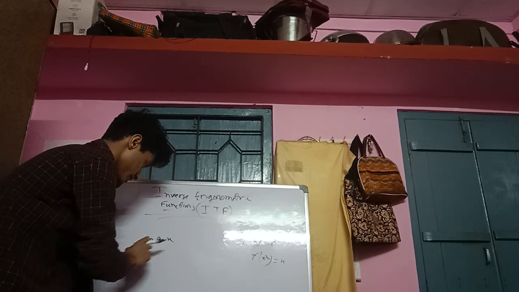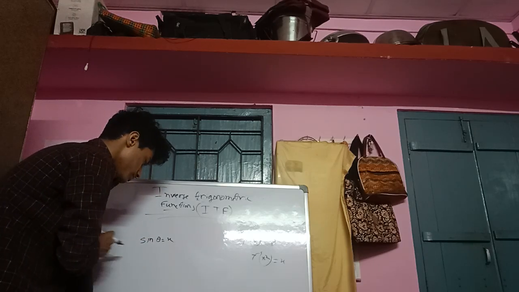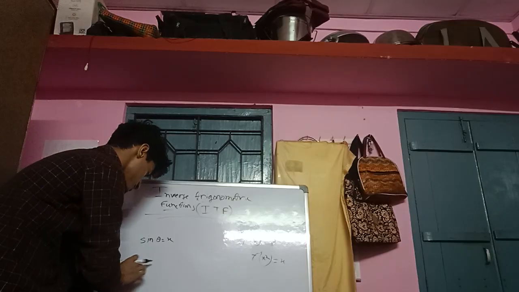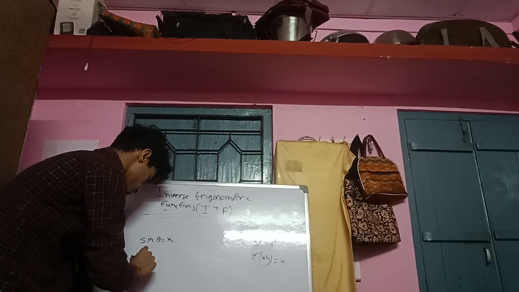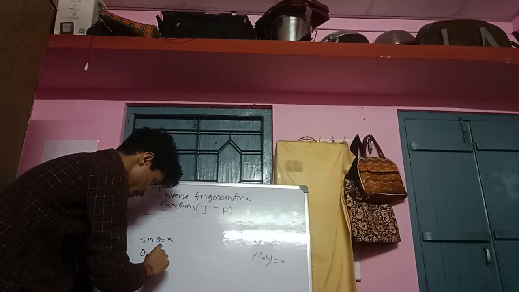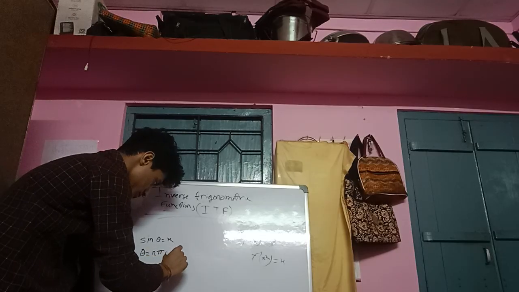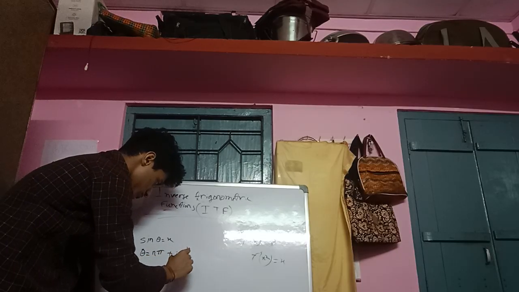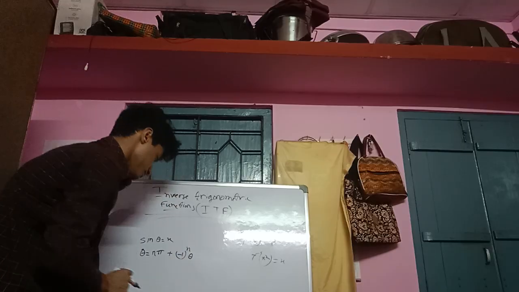Let's say the value of sin theta is x. Then what would be the value of theta? Theta would be n times pi plus minus 1 to the n times theta.